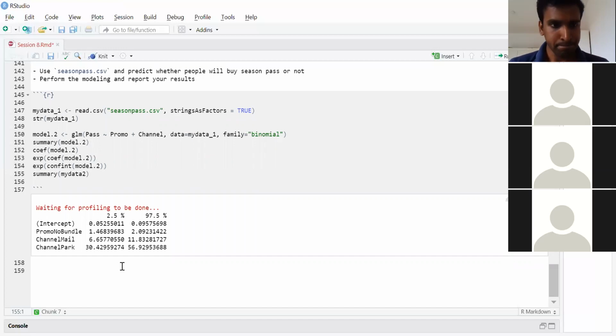Any idea? Swati, you should know because you learned this last week. Maybe I'm putting Swati into trouble. Yes, tell me if you got some kind of idea about confidence intervals. Please throw some light so that Venkat and Anirudhan can learn.